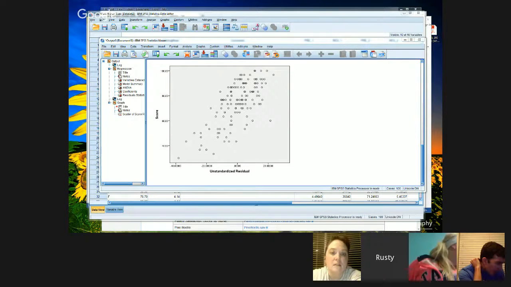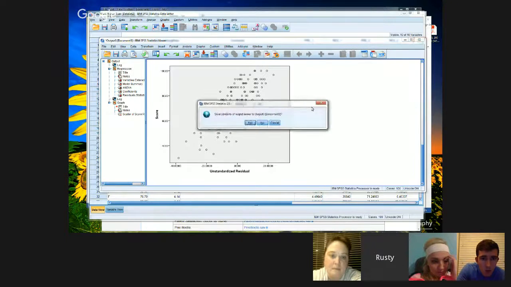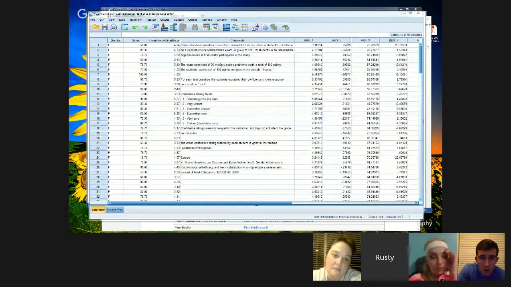No. Confidence is X and score is Y. Okay, so if confidence is X, Rusty, I propose that maybe your graph isn't right, because you have score on your Y. So let me share mine and let's see if we like this one. I'm going to start all over on this one because something just isn't right. I've got too much stuff.